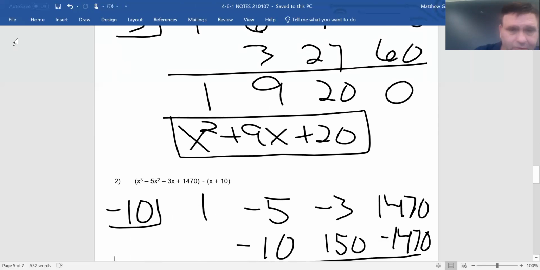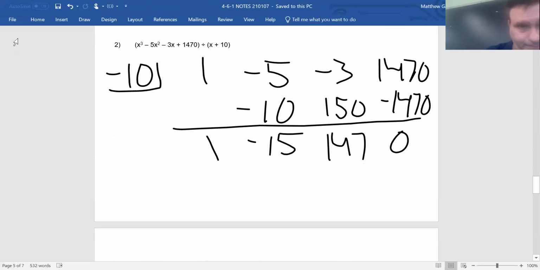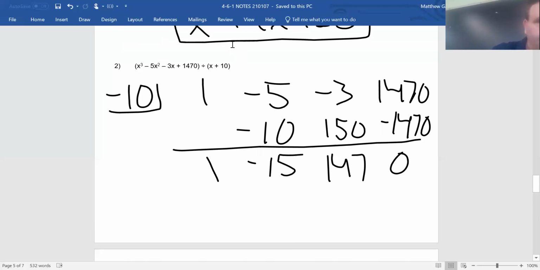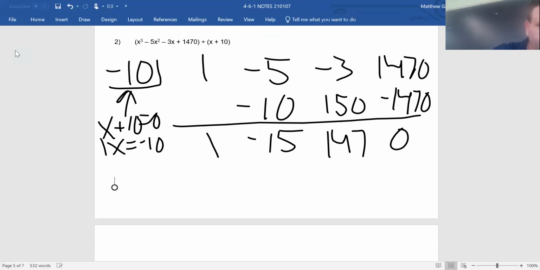And for question 2, you get some big numbers here. Because our excluded value is negative 10. But I have a method of actually how I can write these and whether or not I come up with a divisor or not. This isn't too difficult because after we bring down the 1, we know 1 times negative 10 is negative 10.